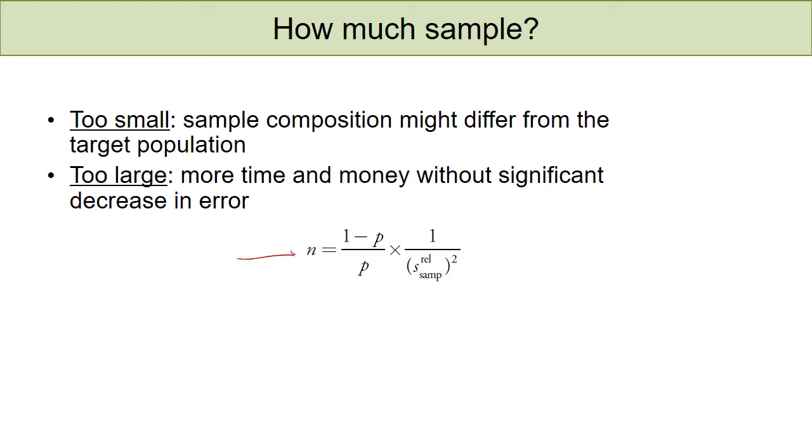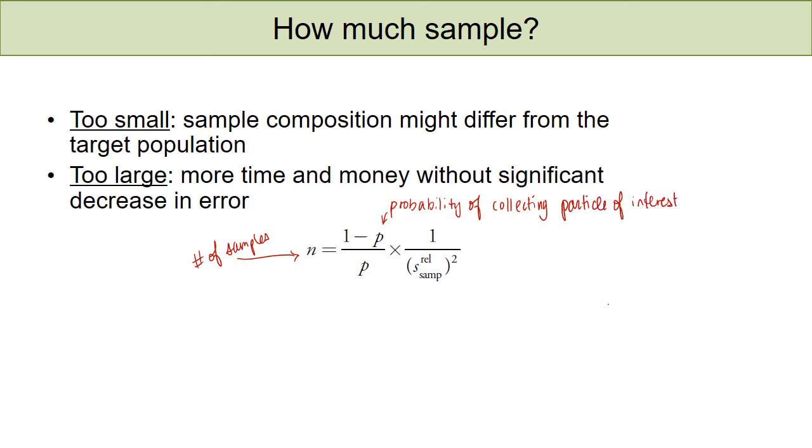N is the number of samples. So how many samples should I take? P is the probability of collecting the particular particle, for example, of interest. Let's just say you're interested in red M&Ms instead of all of the other M&Ms. Okay, so particle of interest.